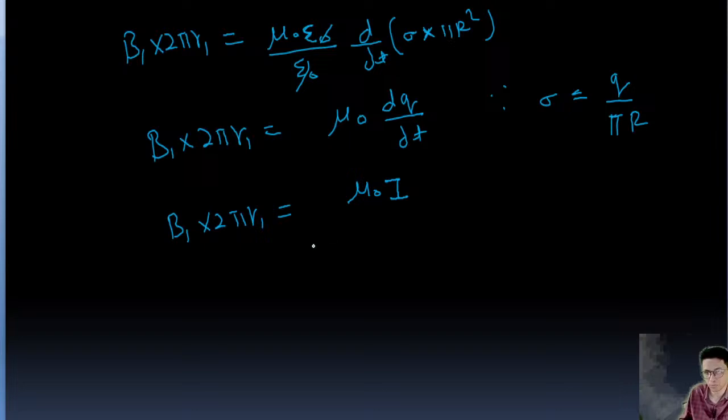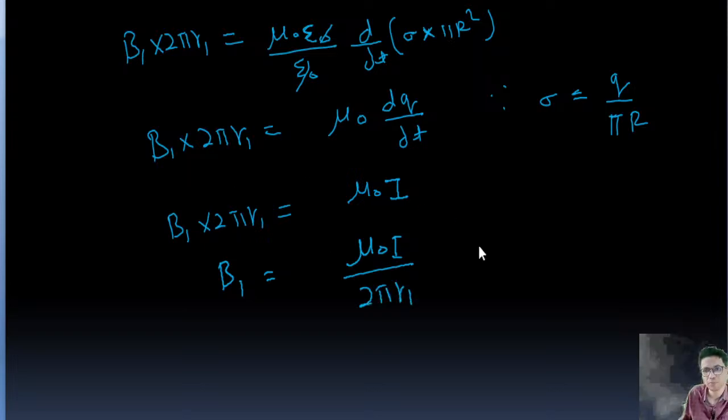So from here we can get B1 value. B1 is going to be mu0 I upon 2 pi r1, okay. So this is the B1.